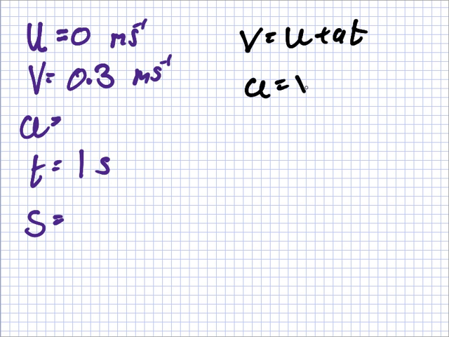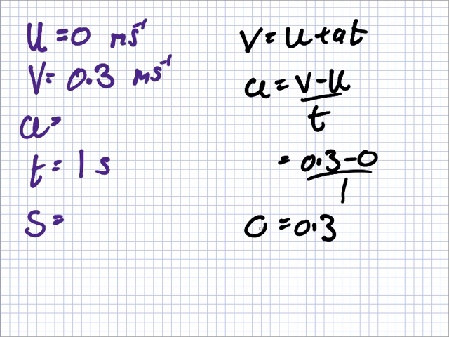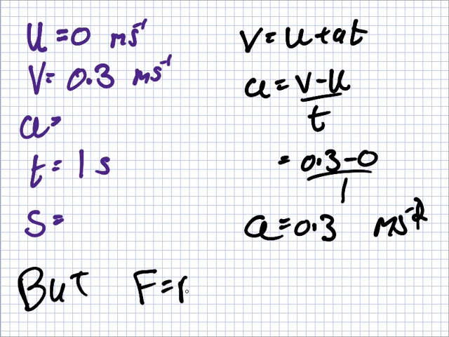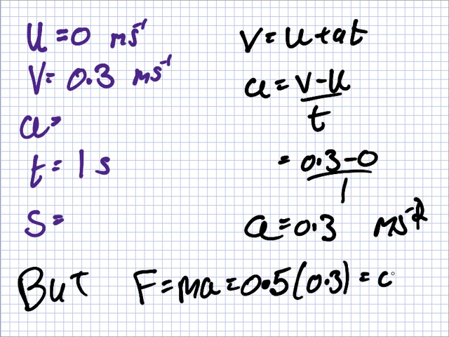So A equals V minus U over T, which is 0.3 minus 0 over 1, which is 0.3. That's the A. Right? But F equals MA, which equals 0.5, that's the 500 grams, times 0.3, which equals 0.15 newtons.